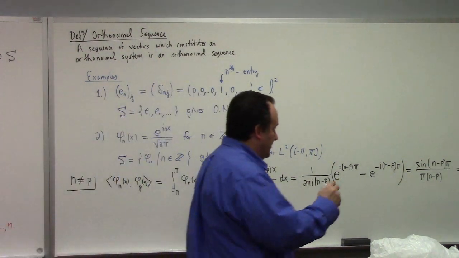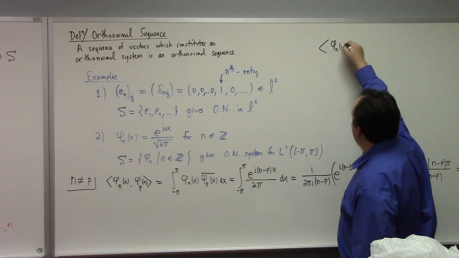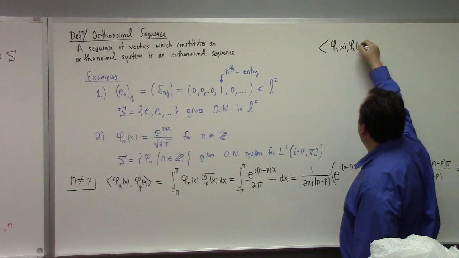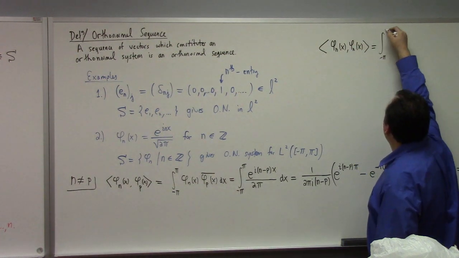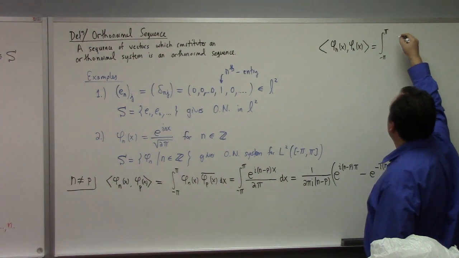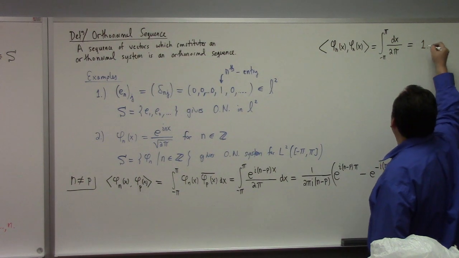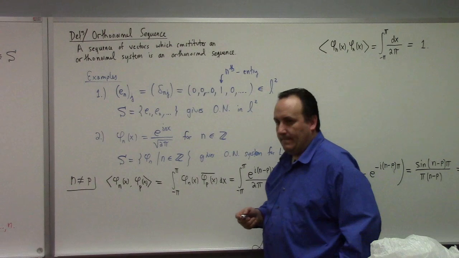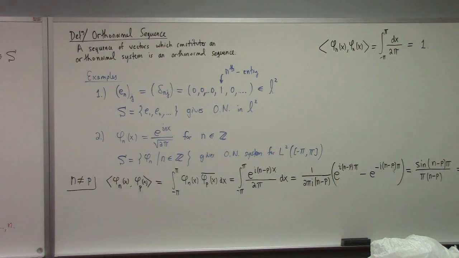And then on the other hand, if we look at the inner product of phi n with phi n, we've got the integral from minus pi to pi of dx over 2 pi, which is equal to 1. Because when n equals p, the conjugate in itself, they cancel out and you just get 1 over 2 pi.